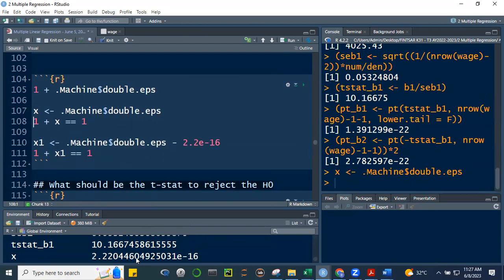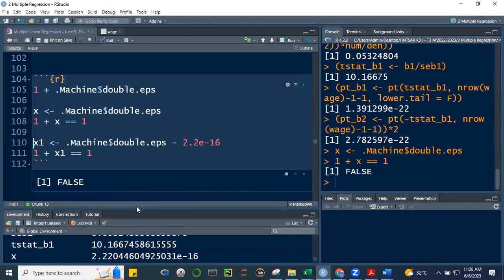X is 2.22 times 10 to the negative 16, the smallest floating point number treated as non-zero. How do I prove that? If I add 1 plus X and ask, is this equal to 1? If X would be treated as 0, the answer should be true. If I run this, it's false. Meaning, 1 plus X is not equal to 1.